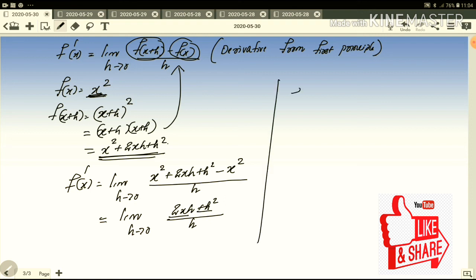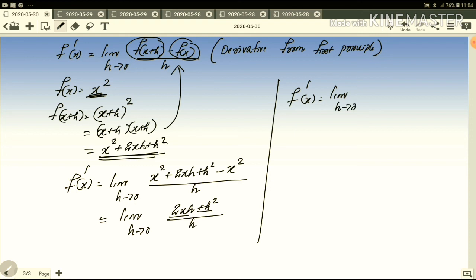So it's going to be f dash x is equal to limit h tends to 0. So far I did not apply the limit, so I have to keep writing limit h tends to 0. In the numerator, I am taking h outside. So what do you get? 2x plus h, because from the first term one h goes out, and from the second term also one h goes out.